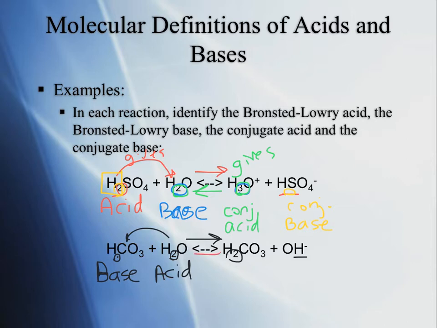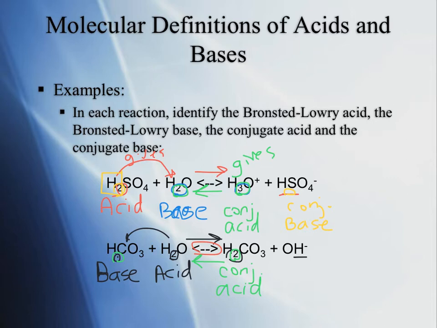Now, this is a reversible reaction, so looking at the reverse, starting with the stuff on the right and going to the left, we can see that we start out with 2 H's in H2CO3, and we end up with just 1 on the other side. So that means it gave away or donated one of its H's in this case, and so we call that an acid. But remember, if we're looking in the opposite direction, it's going to be what we call a conjugate acid.